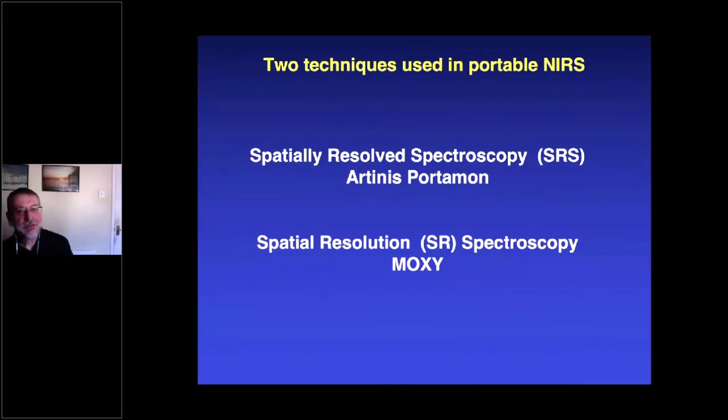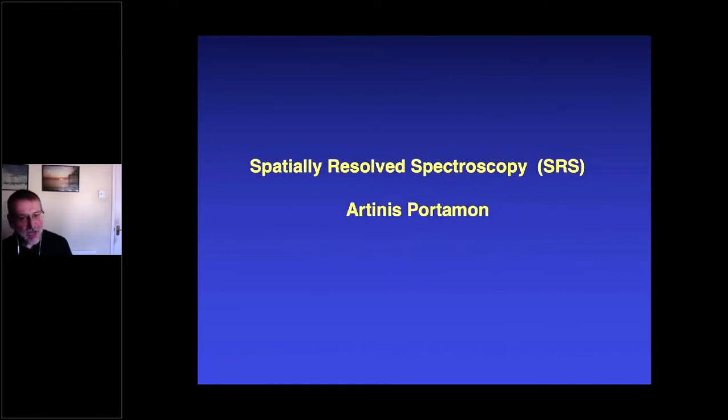One is what's called spatially resolved spectroscopy, or SRS, and that's used in the Artemis Portamon at the moment. Another is, there isn't really a set name, but I've called it spatial resolution spectroscopy, and that's essentially what the MOXIE uses. And they differ by where they put their light sources and their detectors. And that affects how the measurement works. I'll describe that now. First of all, starting with the Artemis and then moving on to the MOXIE type measurements.